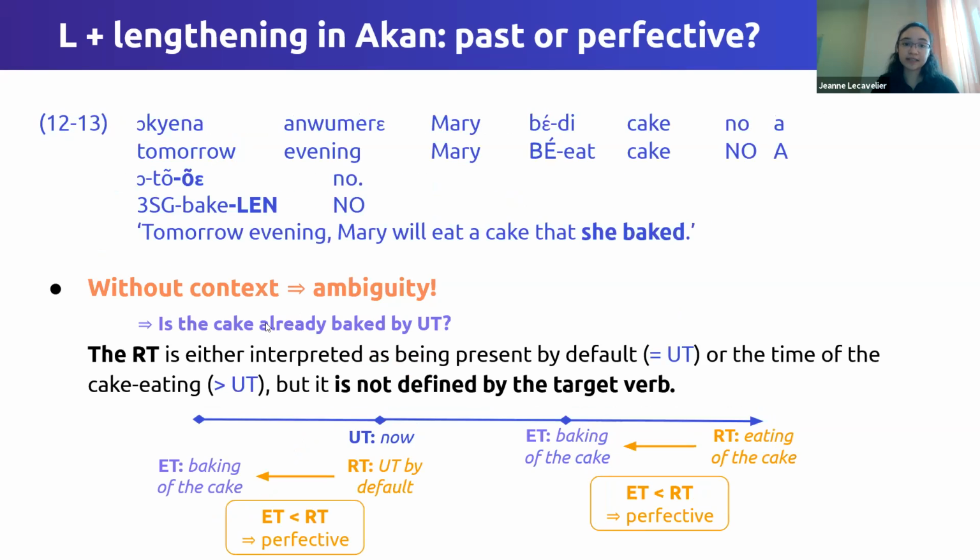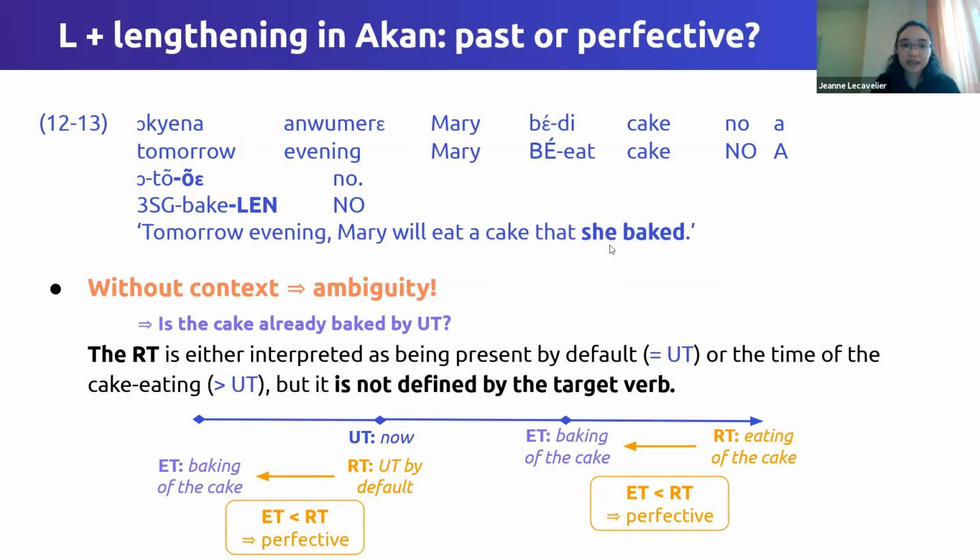And actually, if you take that sentence, which is in 12 and 13, out of the blue, just without any context, and if you ask some native speakers about it, they will tell you that there is an ambiguity regarding the interpretation of the sentence.